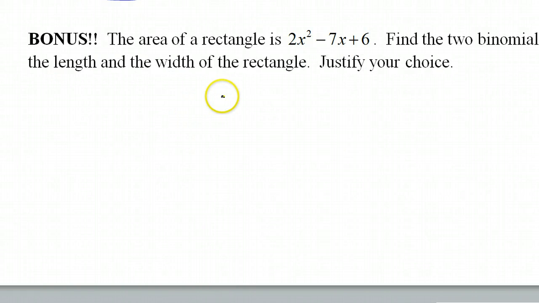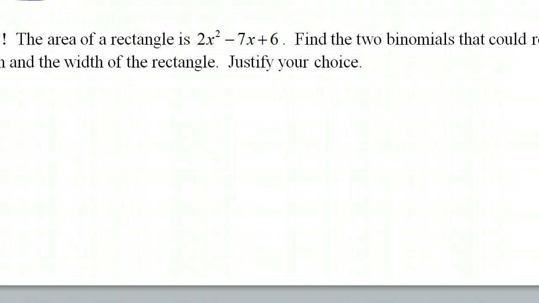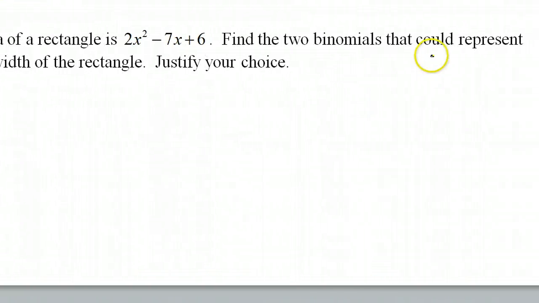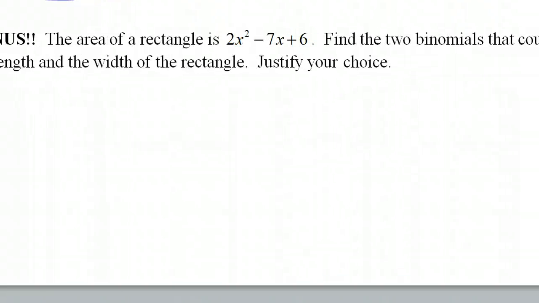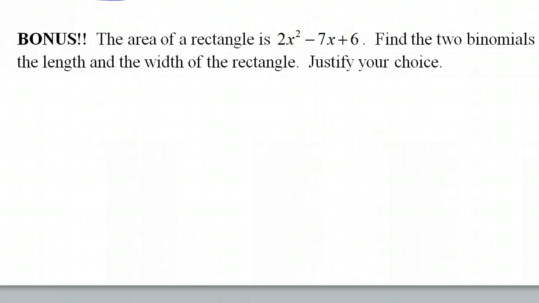Now for the bonus, the area of a rectangle. We've got this expression for the area of a rectangle. Find the two binomials that could represent the length and width of the rectangle. Justify your answer.